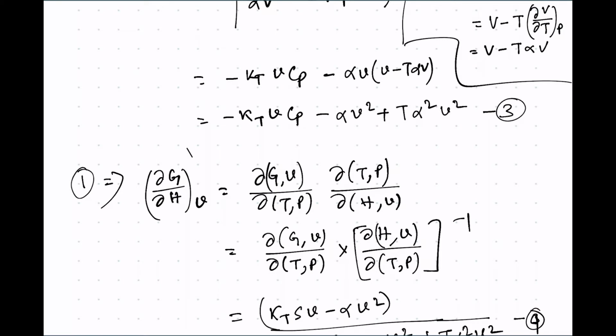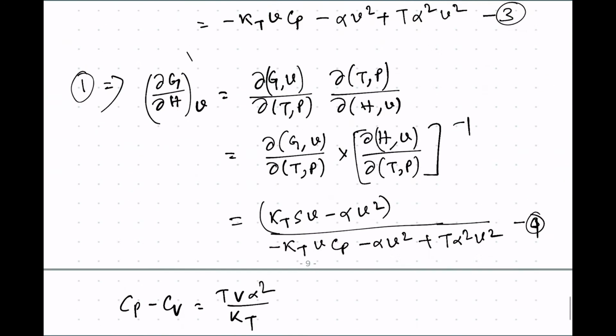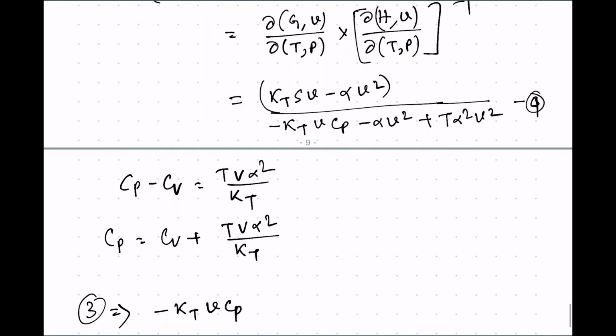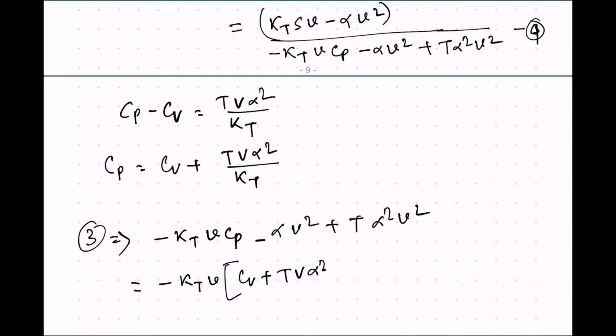So from 3 we can write minus kappa T v C p minus alpha v square plus T alpha square v square equal to minus kappa T v times C v plus T v alpha square by kappa T, minus alpha v square plus T alpha square v square.